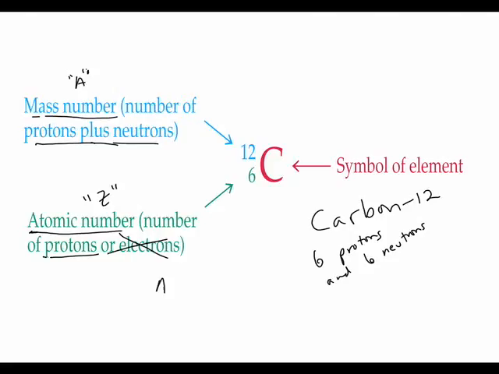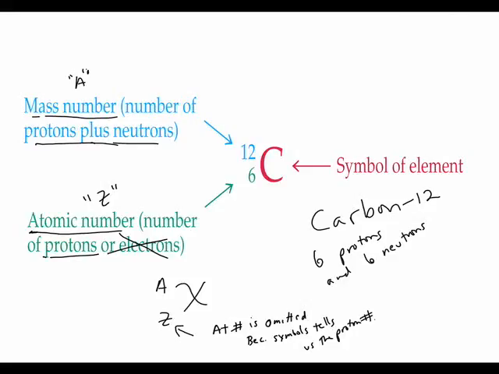Usually, the atomic number Z is omitted, and it's because the chemical symbol tells us the number of protons. Okay. If I say he's carbon, he must always have six protons to be carbon.